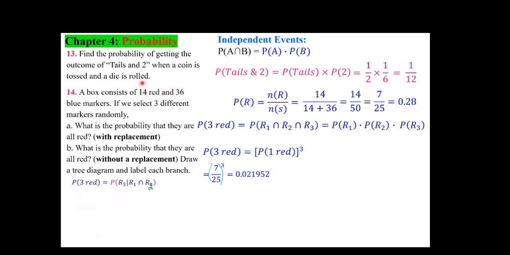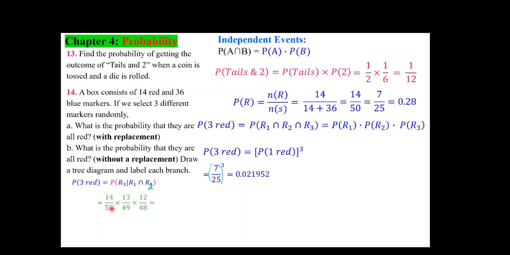Now 14 over 50 for one of them. But the next one, everything goes down by 1. We no longer have 50, we have 49 total, and 14 goes down to 13. The next one, the total of 50 goes down to 49, it goes down to 48. 14, the original size of red, goes to 13, goes to 12.